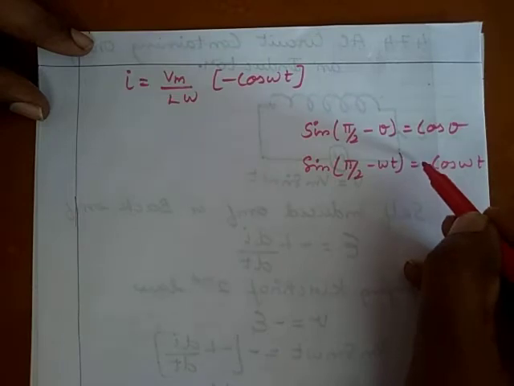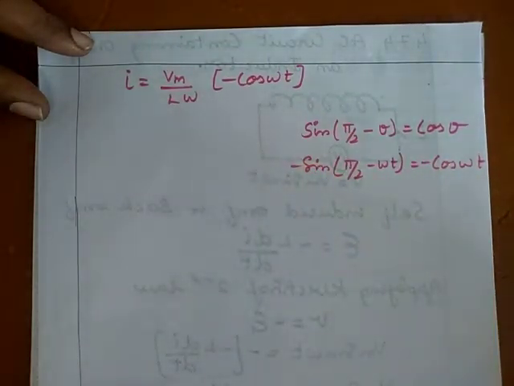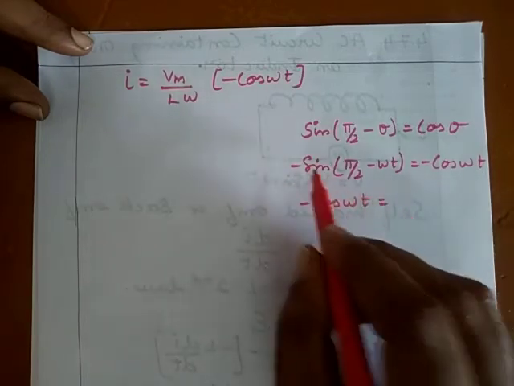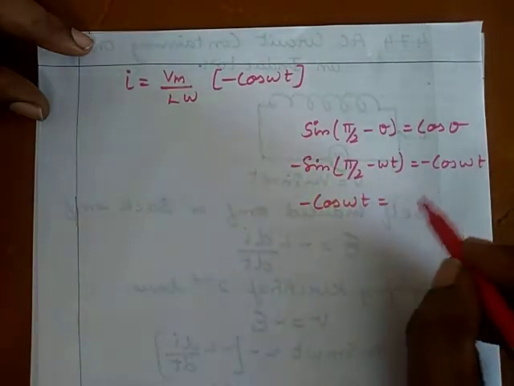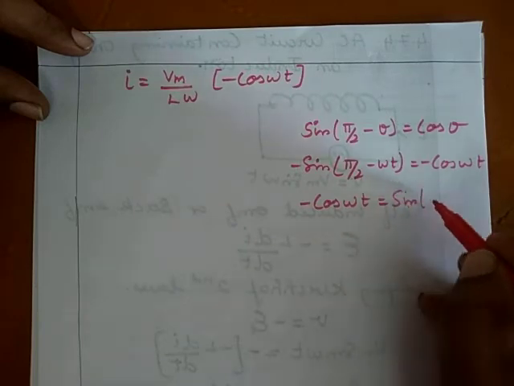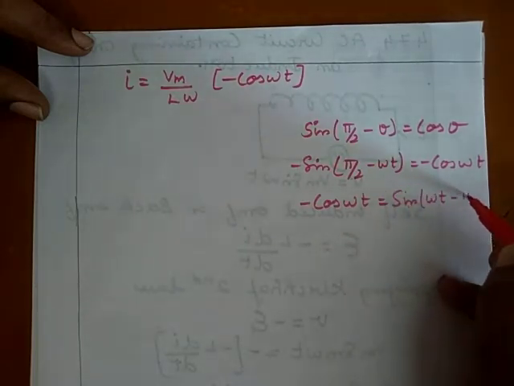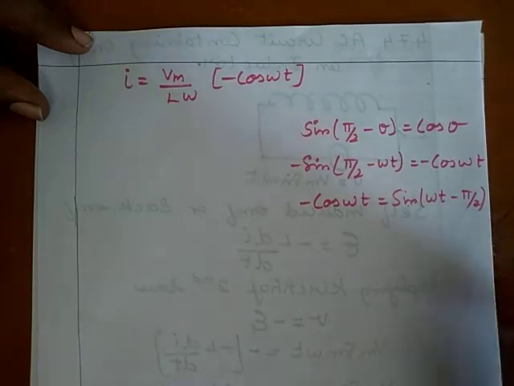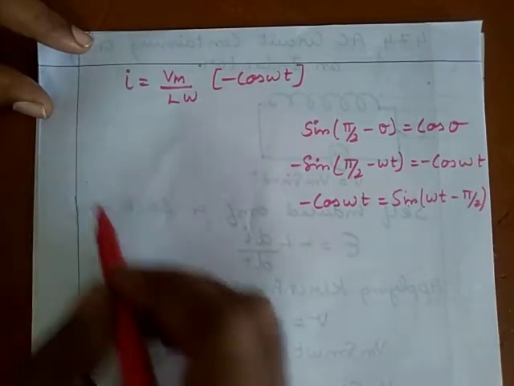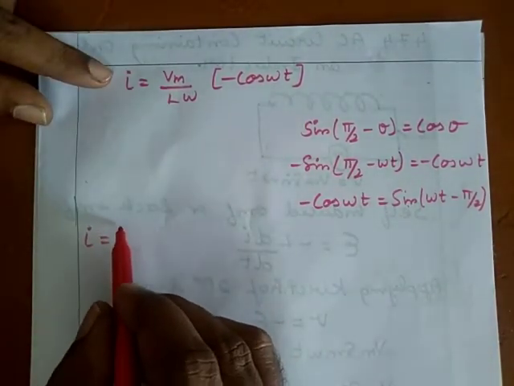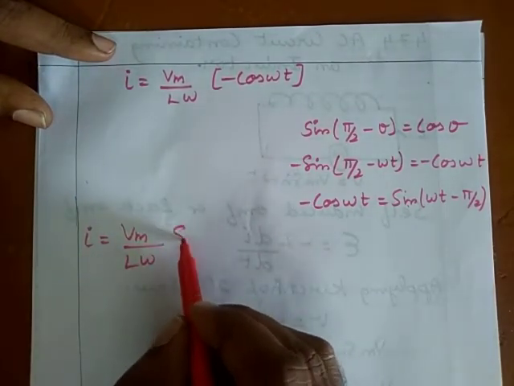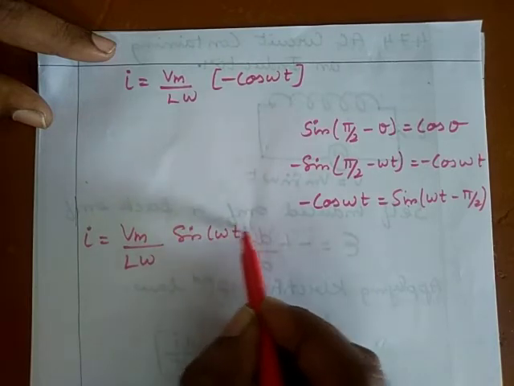If I put a minus here, we can write minus cos omega t as sin(omega t minus pi/2). Substituting this in the equation, the current becomes I = Vm/(L omega) sin(omega t minus pi/2).